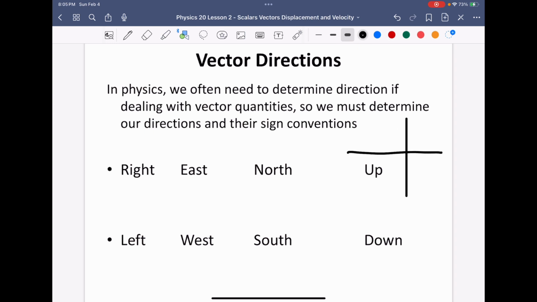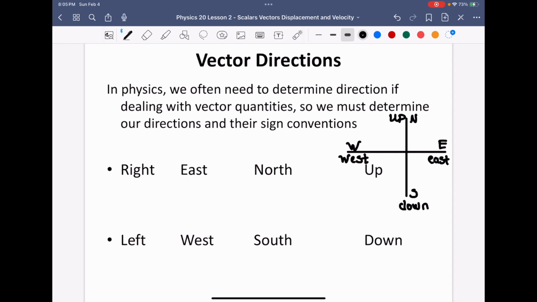Here's my T, and this is just like a Cartesian plane in math. In math, we would call it 0, 90, 180, 270 degrees, and then 360. For us, we're going to label it as north, east, south, and west, or up, down, east, or west.